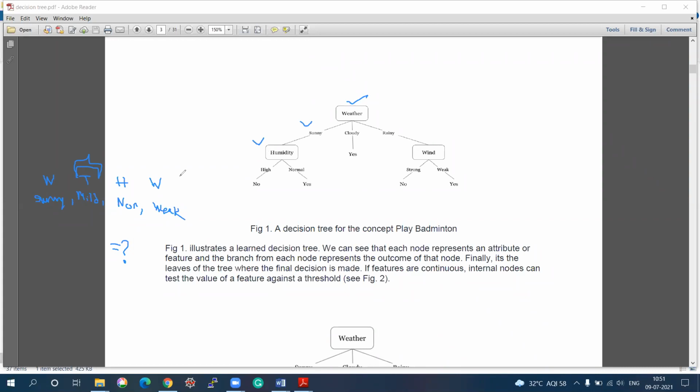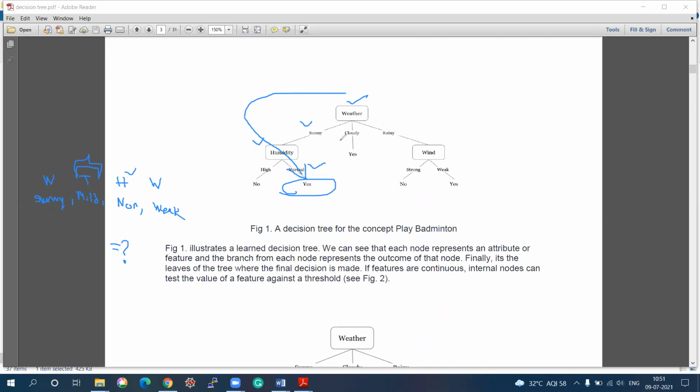So we will go for humidity. Humidity is normal. Then the result is yes. So we have taken this path, and in this path we are getting our decision.